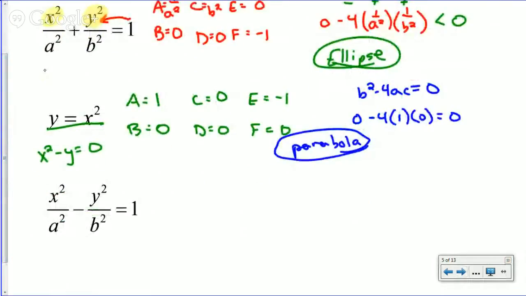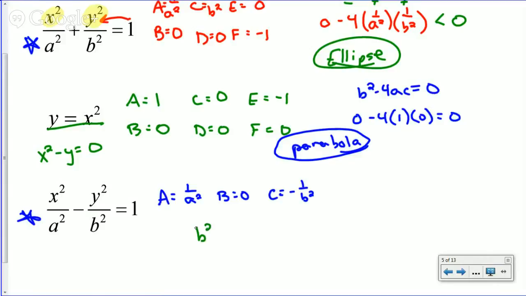So now the difference between this first one here and this last one is just this negative sign right here. So really, let's just look at A, which is 1 over A squared, B, which is 0, and C, which is negative 1 over B squared. That's all we need, right? B squared minus 4AC.